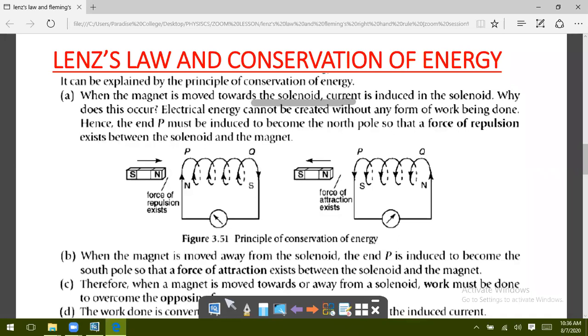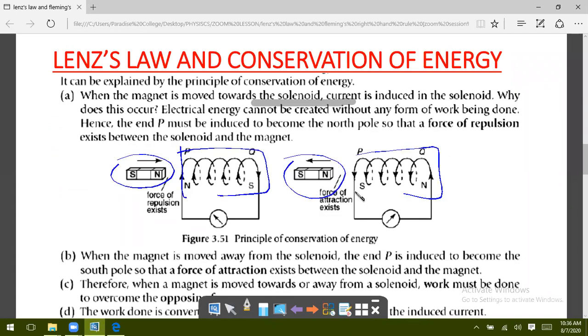Work is basically when energy is converted from one form into another. Now moving this magnet in and out of the solenoid for both cases here, the needle deflects, telling us that current moves in different directions, and that comes about to really uphold Lenz's law.